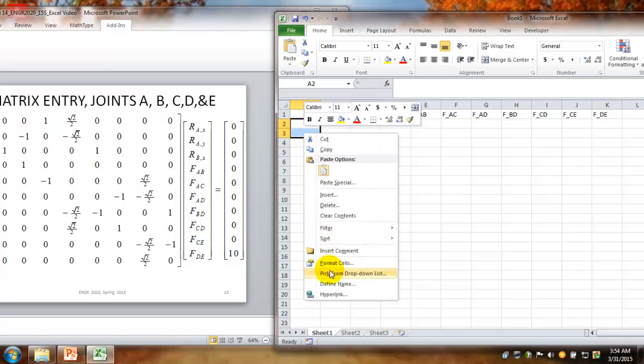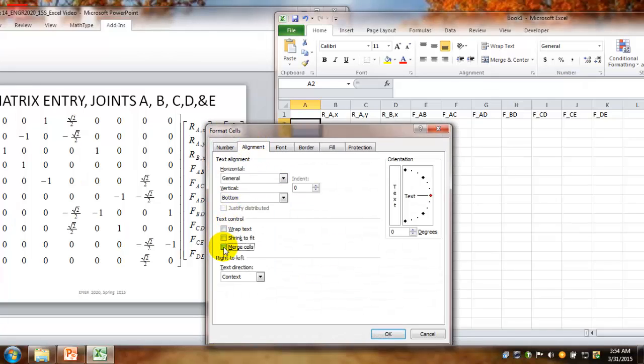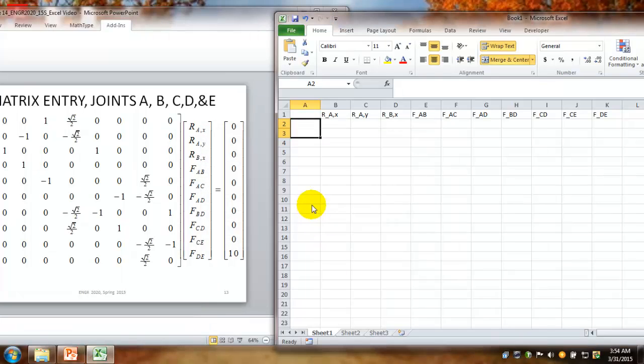And you can format cells here: alignment, merge cells, wrap text, center. Okay, so that's my joint A.